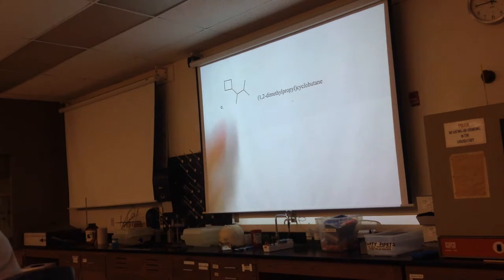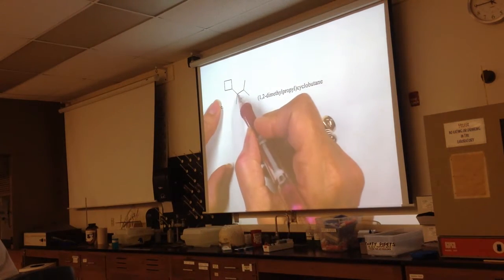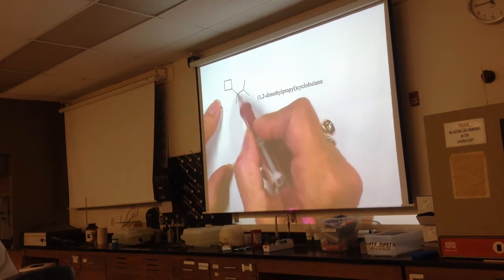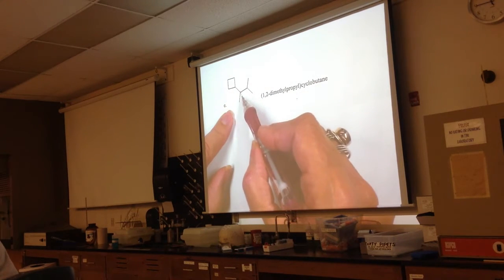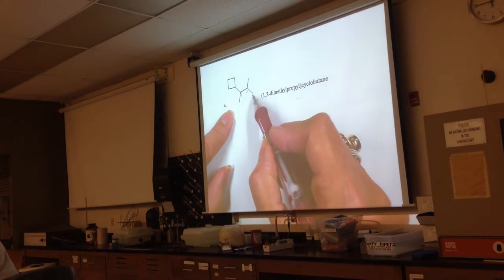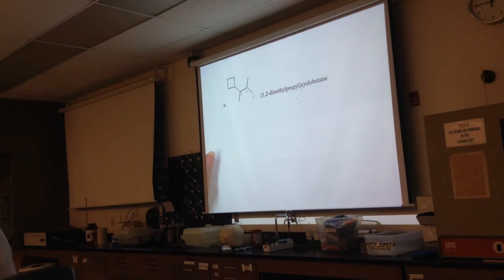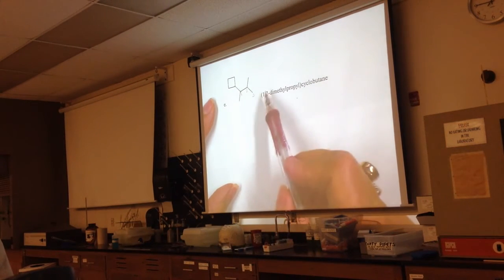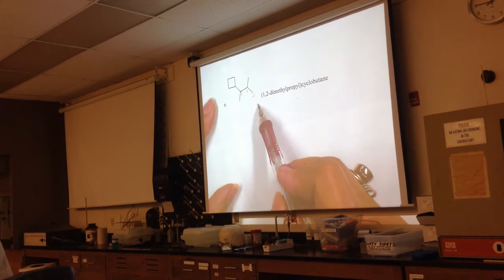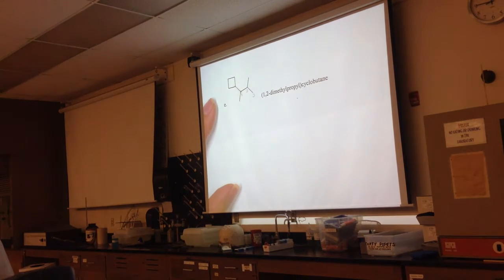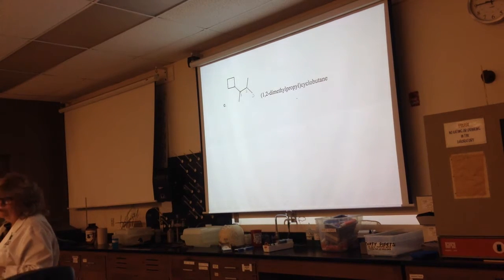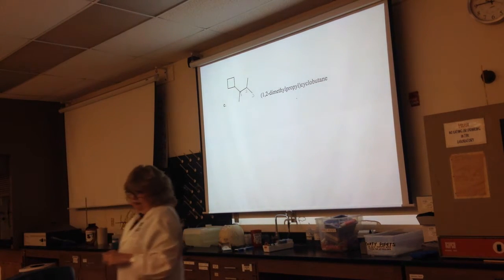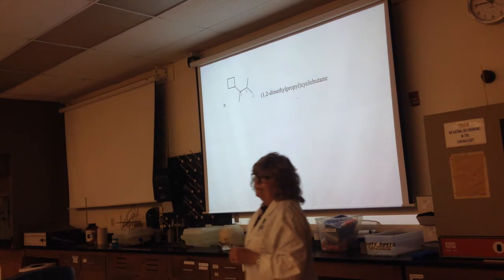If this is the substituent attached right there, your chain is so much less, now it became 3 carbons, not 4. Now I was able to chop it, so that becomes the substituent, and the parent remained the 4-carbon ring. So it becomes the 1,2-dimethylpropyl cyclobutane.